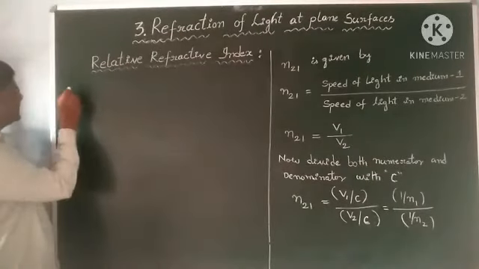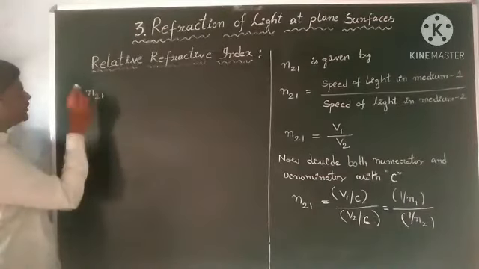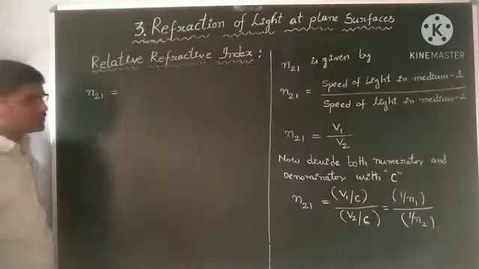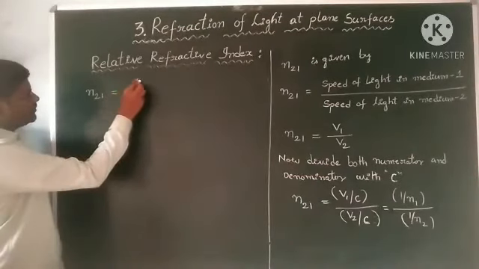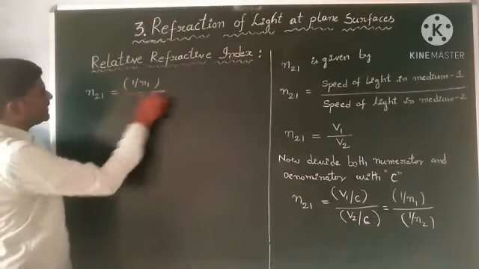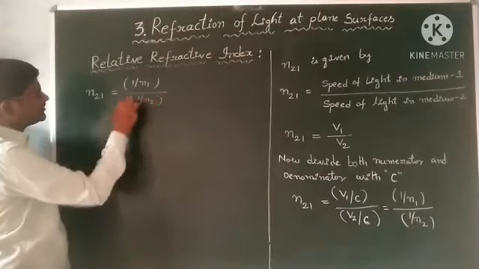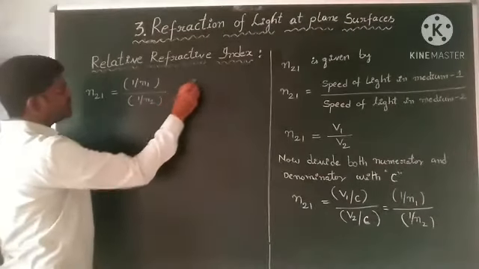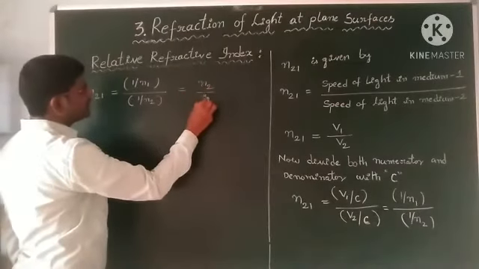So that implies n221 is equal to, so we got it as 1 by n1 whole by 1 by n2. So then it will become n2 by n1.